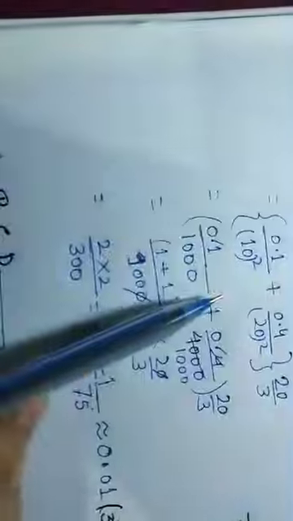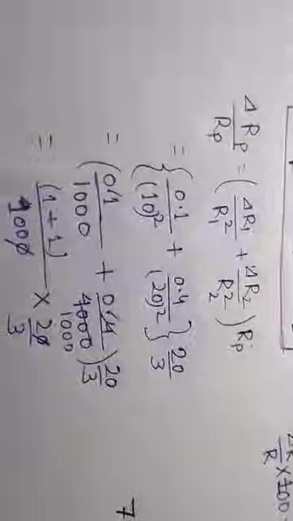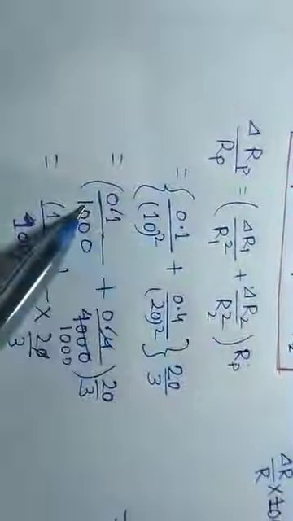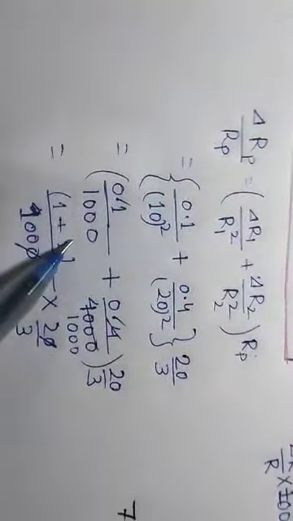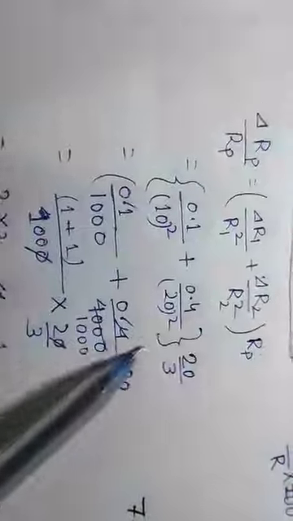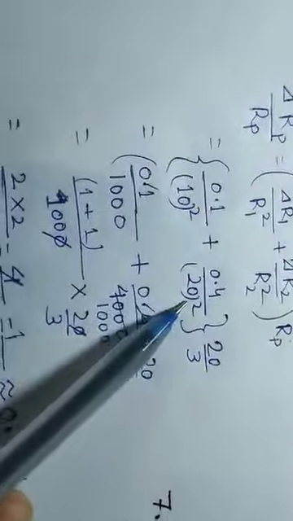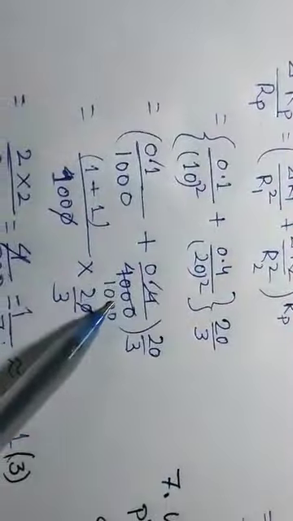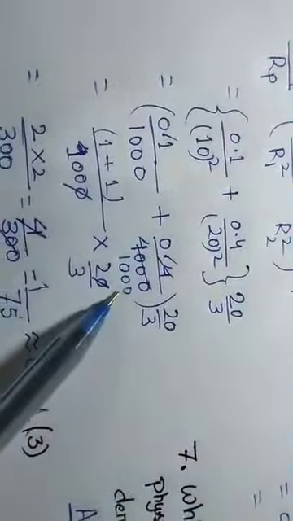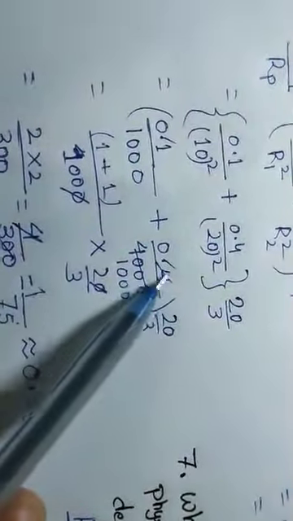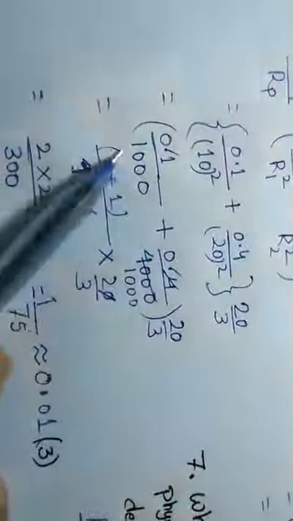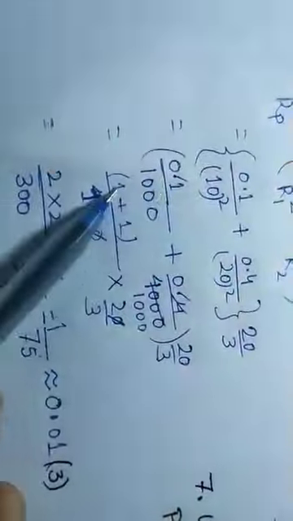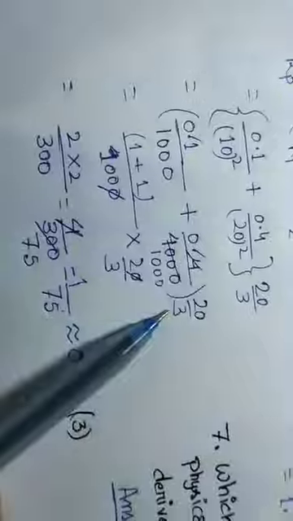So 10 square is 100, and for this point we take another extra 0. Here 20 square is 400, and for this point we take another 0. Now we will cut this 4 and 4000, that is 1 by 1000. So taking LCM as 1000, 1 plus 1, and 20 by 3 was already there.